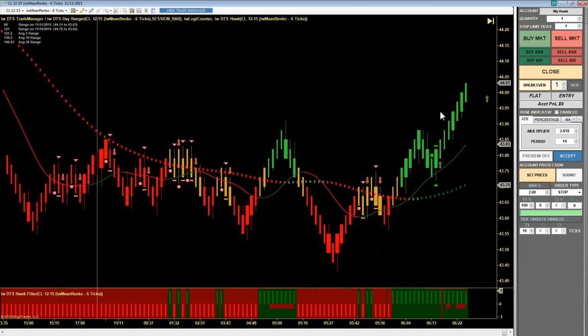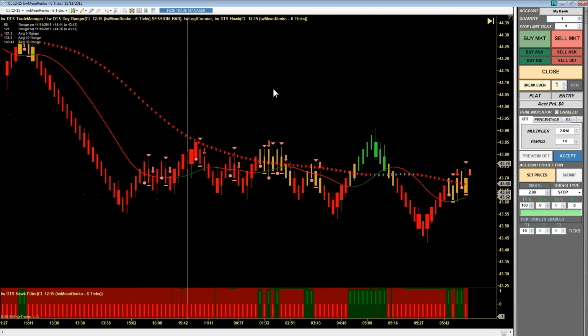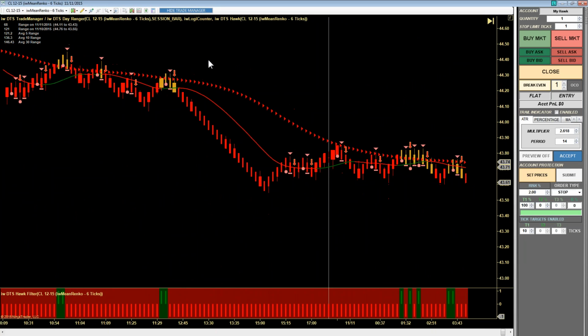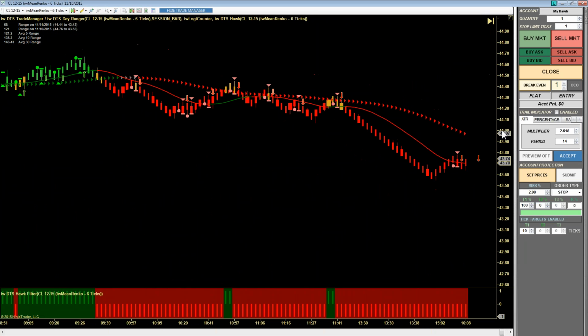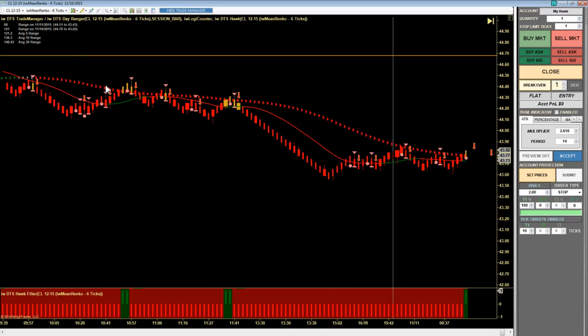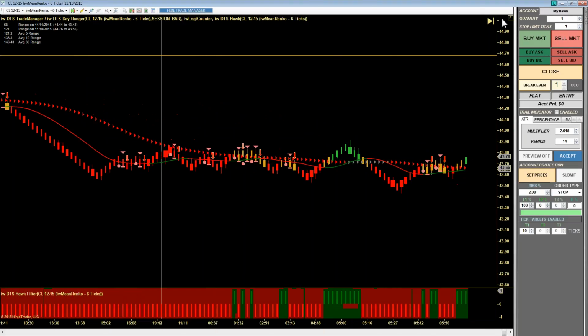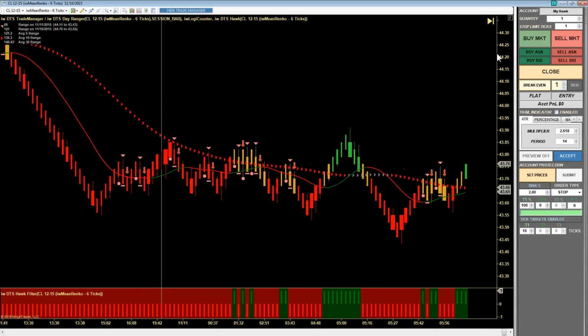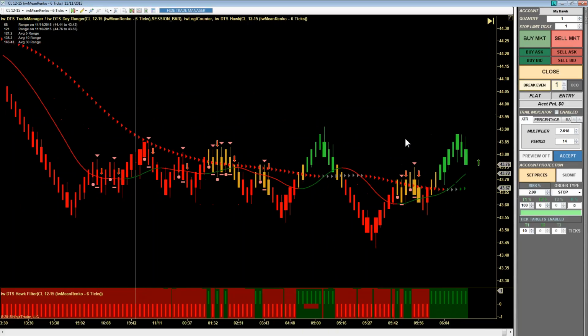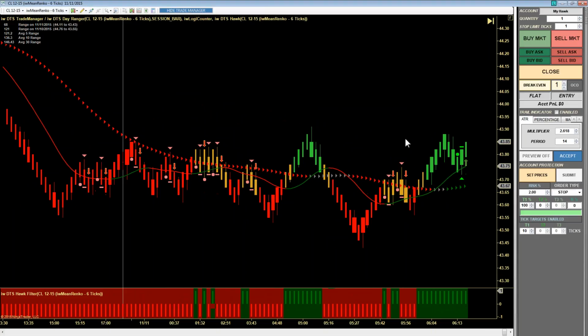So let's say you're looking at crude oil, and you're looking back here and you're saying, oh, wow, look at crude oil put in a high right here. So here's resistance. And now here we come with crude oil. And we're going to generate a buy signal.